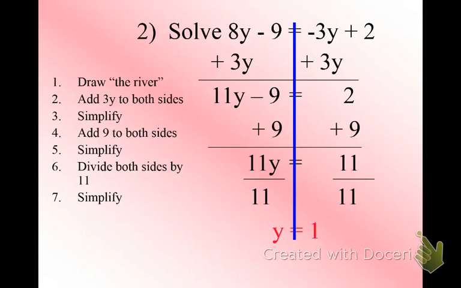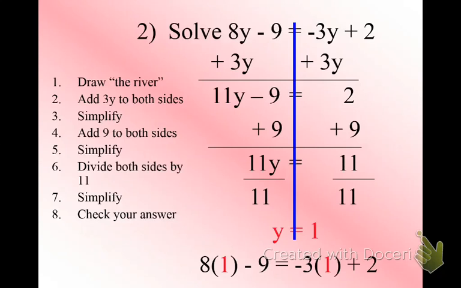And I always encourage you to check your work. So when you plug 1 back into that original equation, 8 times 1 is 8. 8 minus 9 is negative 1.